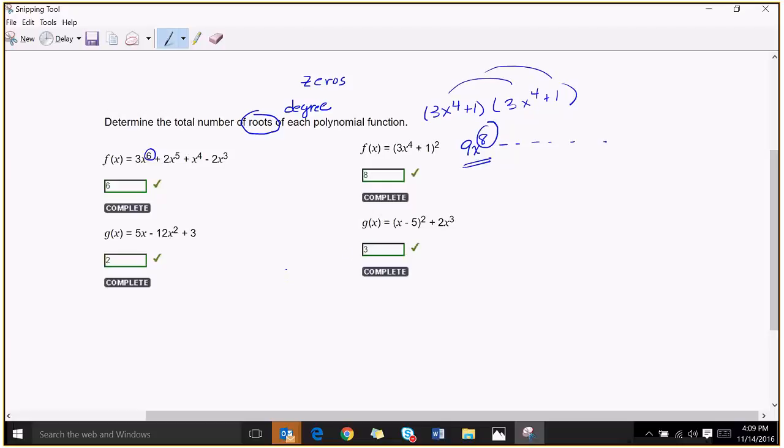Does that make sense? Yeah, I got this part, but it started getting harder. Okay, and then this is 2, and of course when you multiply this one out, you just get an x squared, but we have a cubed here, that's why that's 3. So no question in identifying how many roots there should be. Is that correct? Yeah, I'm fine with this part.